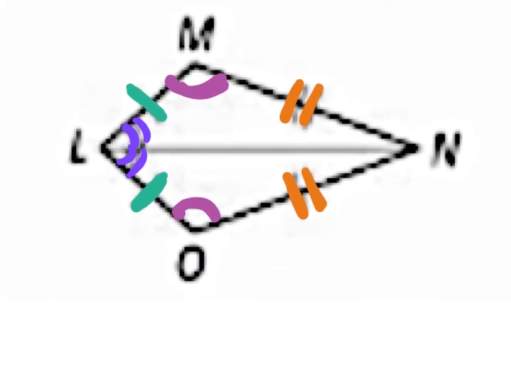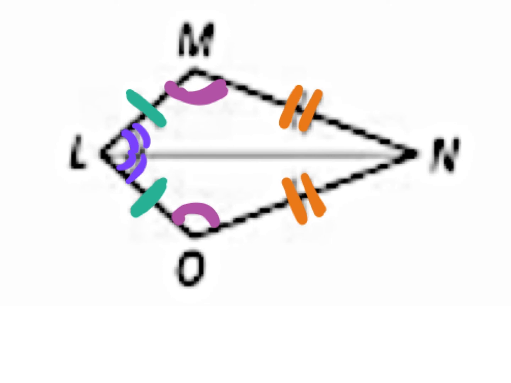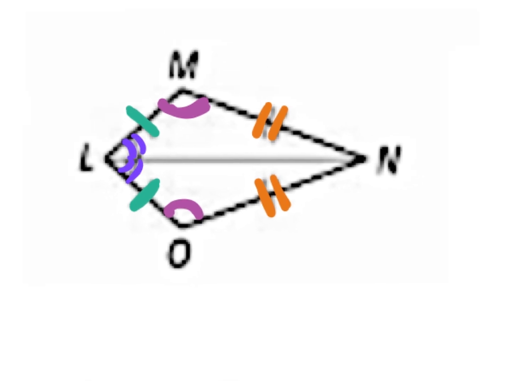So take a look at this triangle. What's the third side of the one triangle matching up with the third side of the other triangle? What side have we not proved congruent? Side or angle? Side. Which side? N is not a side. LN, right? Segment LN.